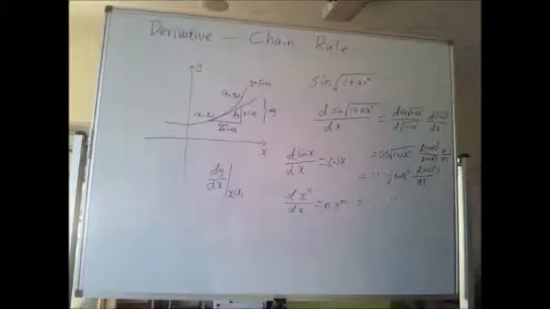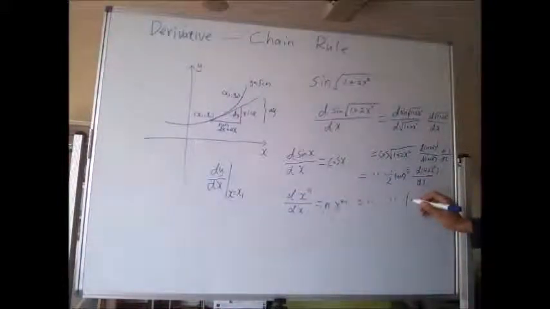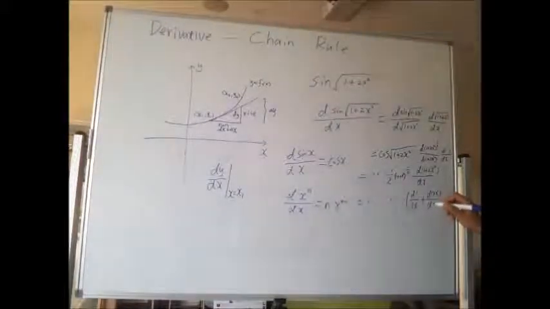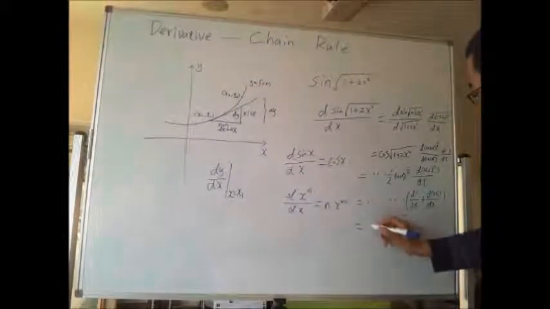And for the last part, what is the derivative of that? For this derivative operator, we can find the derivative term by term. We can treat this as two terms and find the derivative of the constant term: d1 over dx plus d2x squared over dx.